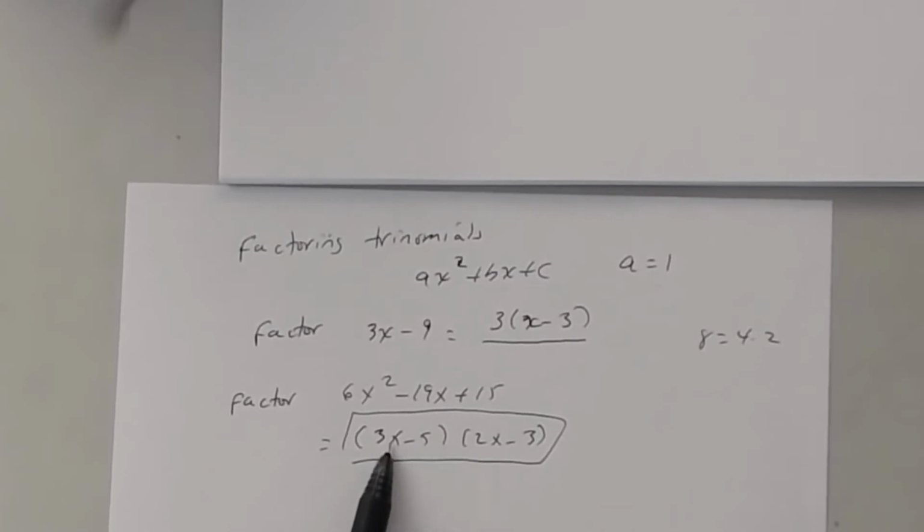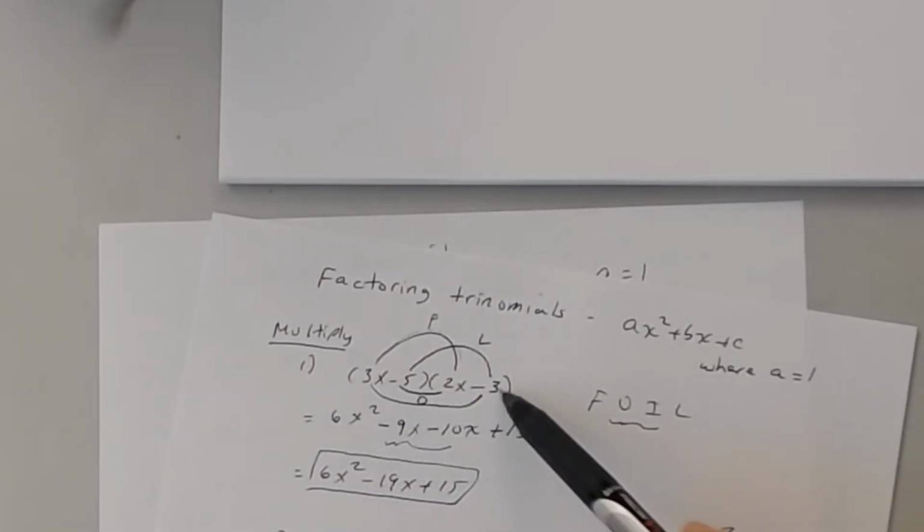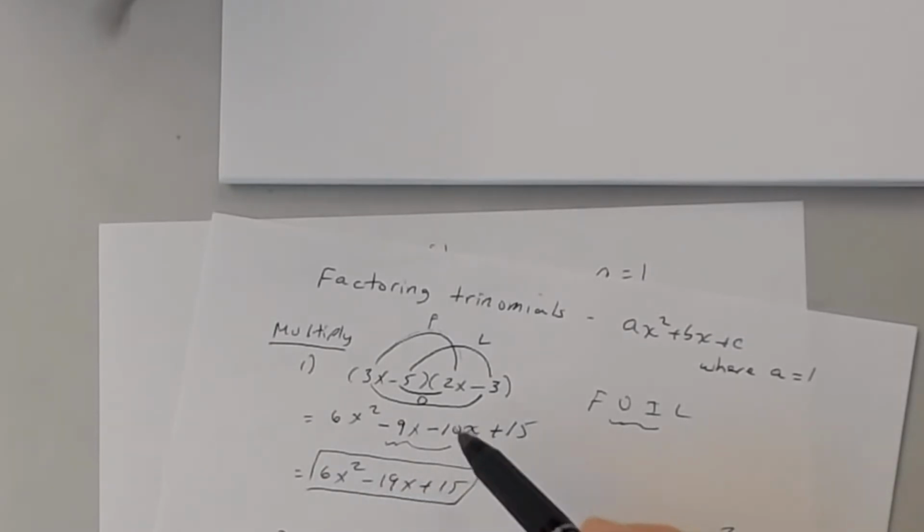Now, notice what I just wrote. Number one, you were given the two factors and you had to multiply them out to come up with the polynomial, the trinomial. Now you're going backwards. You're given the trinomial and you're asked to do what? Factor. Write it as a product of two binomials in this case.